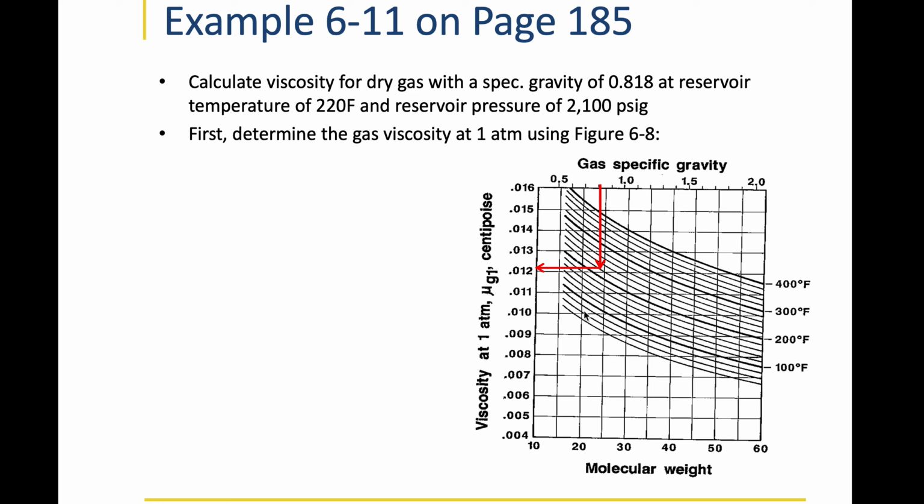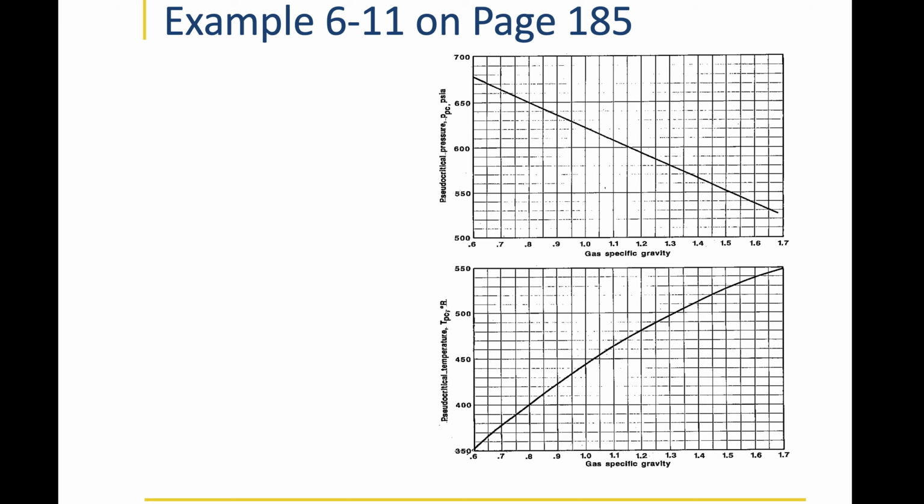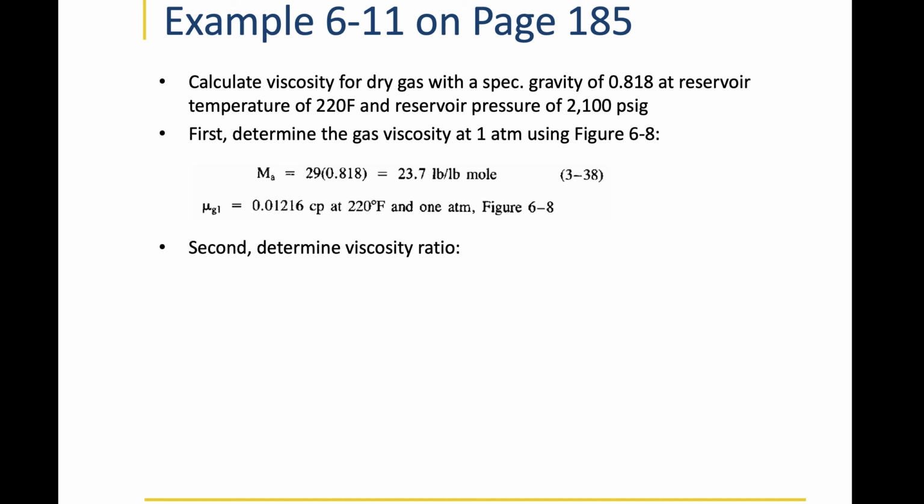But if the mole fractions are given, we have to go with the previous discussion where you had to find the viscosity of the pure components, and then use that equation to find the viscosity at 1 atmosphere. But here, since only the gas specific gravity is given, we are using figure 6-8.